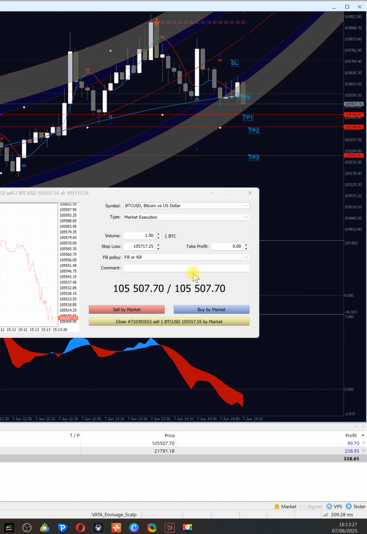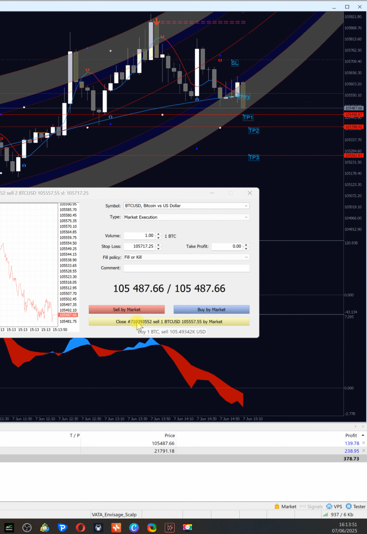It's coming towards our target. As soon as it hits TP1, I'm going to close half as planned. We are in approximately $150 profit.